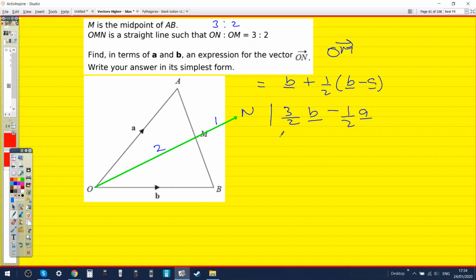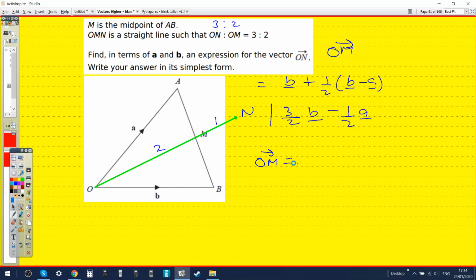What do we do next? Plus 1/3 of open bracket. So it's a third of O to M. Yes.